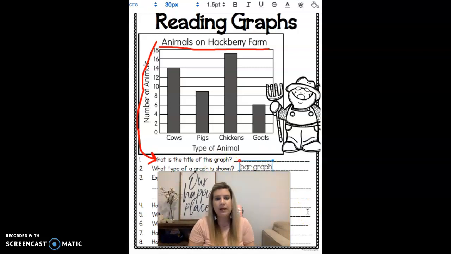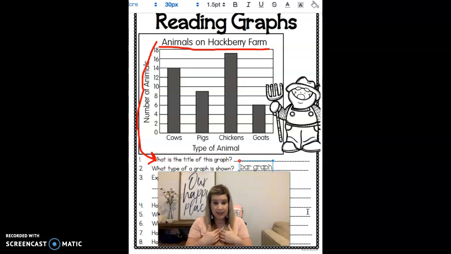Let's look at number three. Number three says, explain what you can learn from looking at the graph. Well, in the video, they told us to pay careful attention to the side and the bottom, okay? And that's going to give us some more information about our graph. On the side of our graph, it says number of animals. And at the bottom, it says type of animal. And then we've got cows, pigs, chickens, and goats.